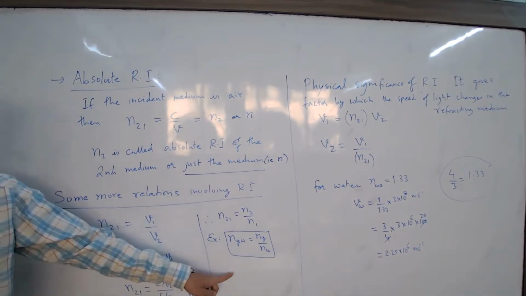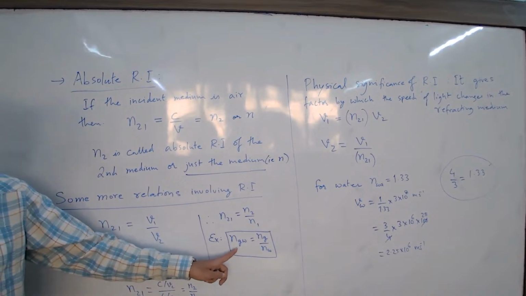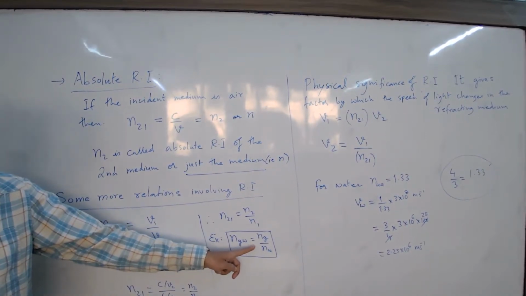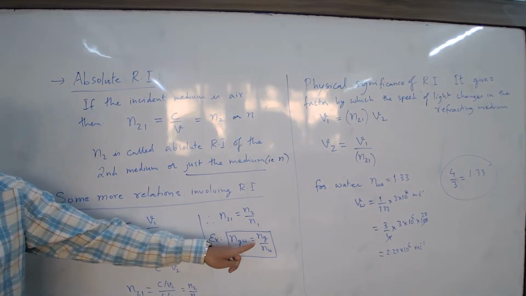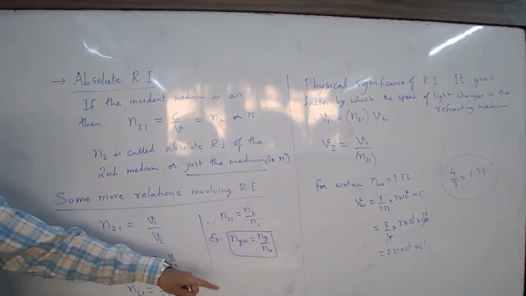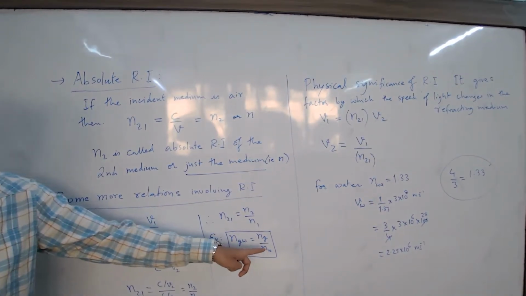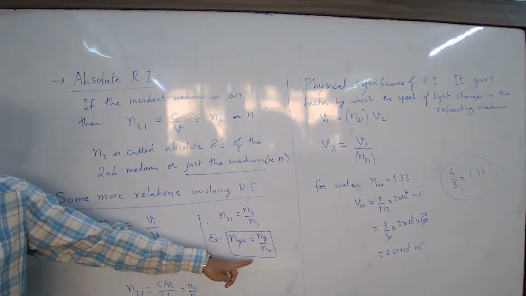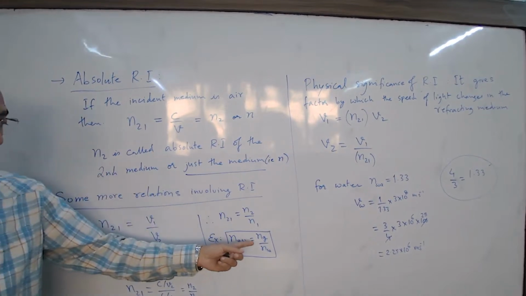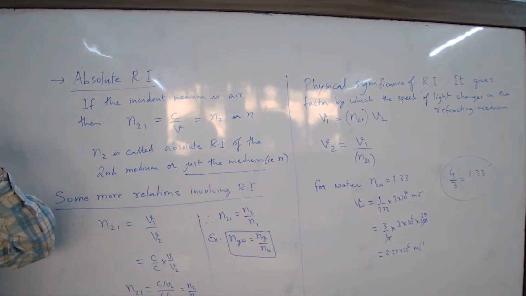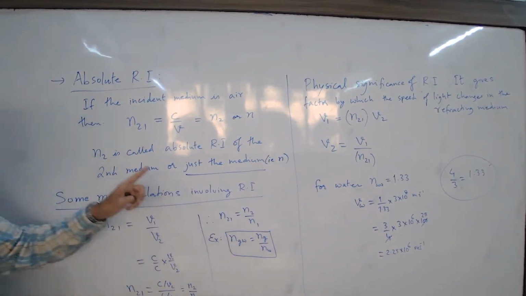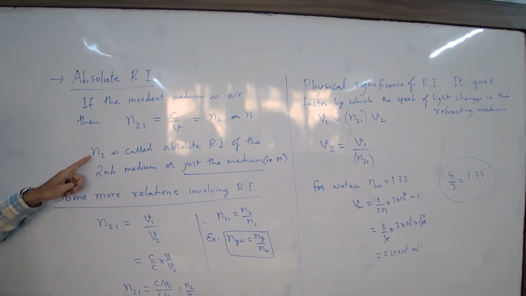If it is glass and water, the relative refractive index of glass with respect to water is nothing but the ratio of absolute refractive index of glass to absolute refractive index of water, or just the refractive index of glass versus refractive index of water. Okay? If you don't mention absolute, just the medium, then also it is absolute. Clear? You are not mentioning the second medium.